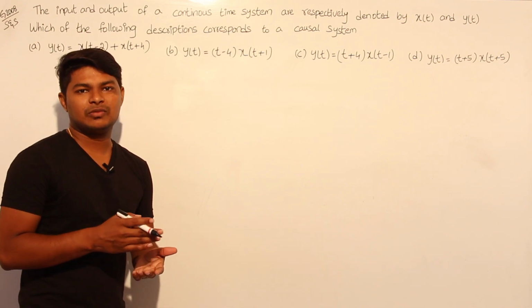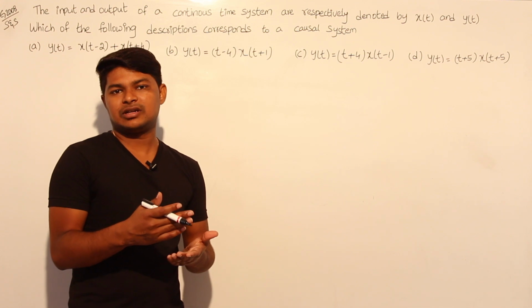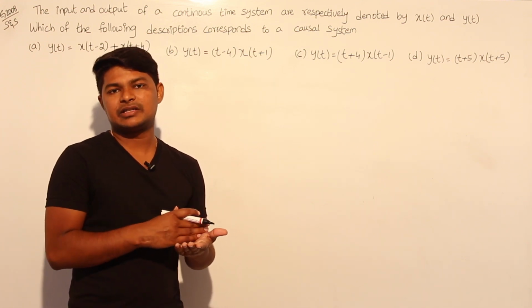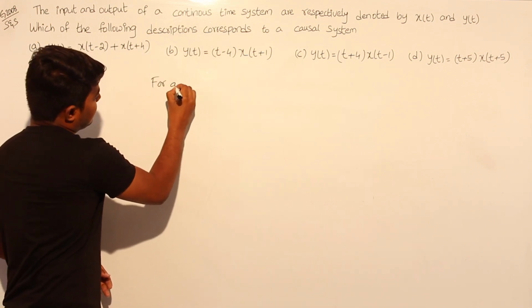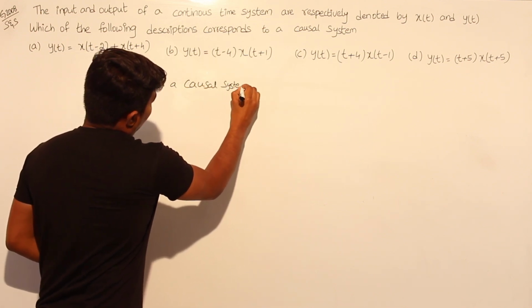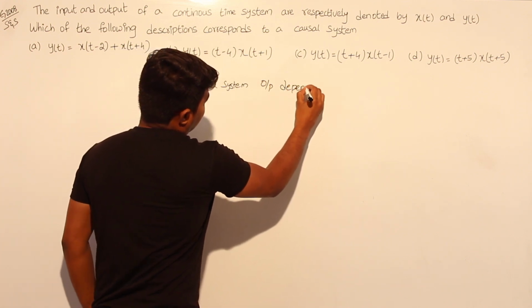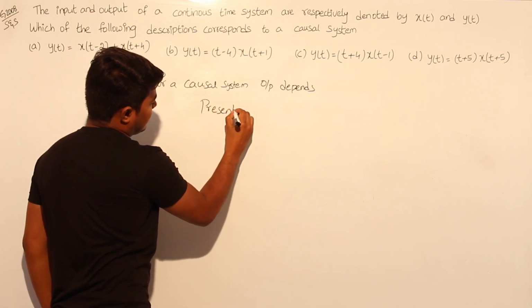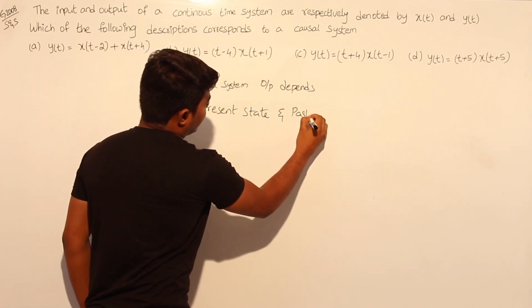For a causal system, the important point is that the output depends on only the present state and past state, but not the future state.